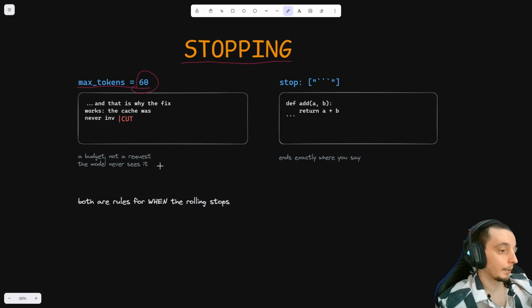That's why this is used mostly as a strict cost control tool, budget control tool. For the graceful stopping of the output, you'd rather use the stop sequence, which will stop the output once the specified token has been produced.